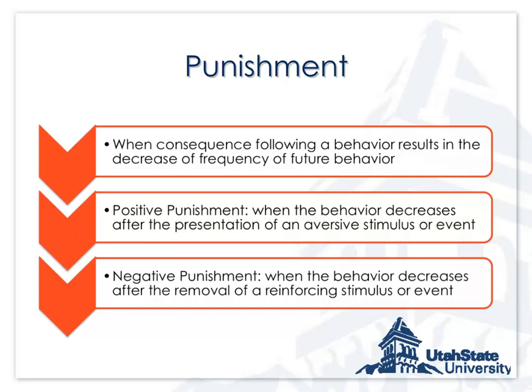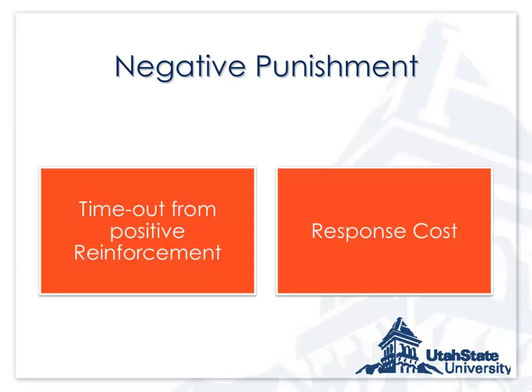For example, putting your hand on the hot stove is less likely to occur again because it is very painful. Negative punishment, on the other hand, happens when a behavior decreases after the removal of a reinforcing stimulus or event. For example, a child who has a toy taken away after hitting a sibling might be less likely to engage in that behavior in the future.